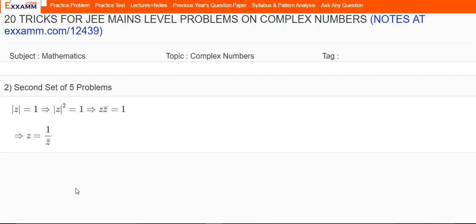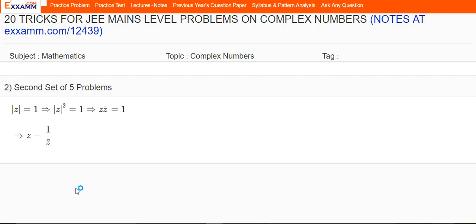So in case z has been given to be unimodular and we have to prove some equality involving z or 1 upon z, then we can straight away start from the fact that z being unimodular, z is equal to 1 upon z bar.